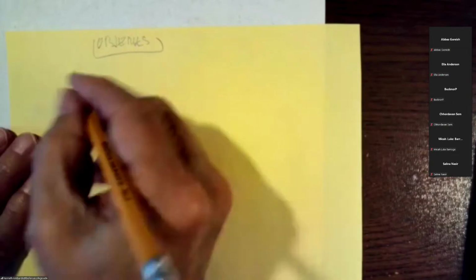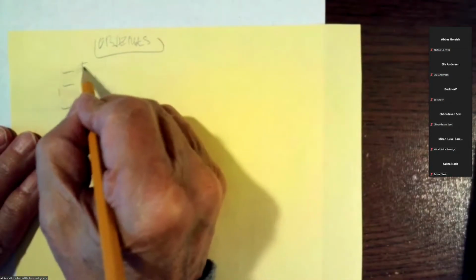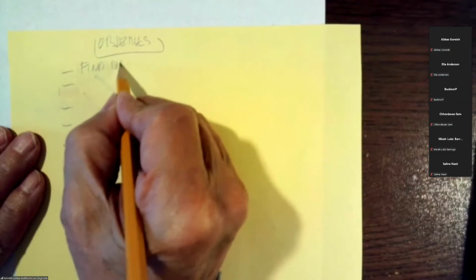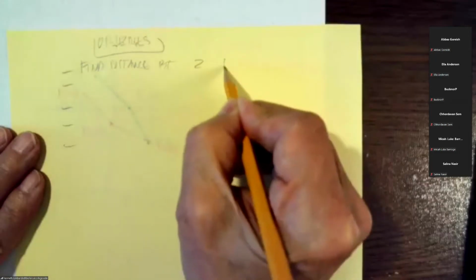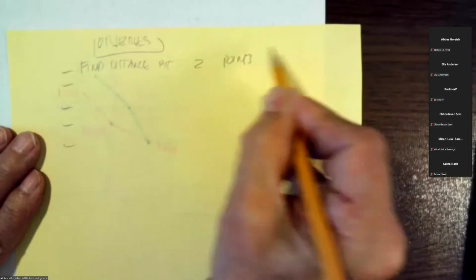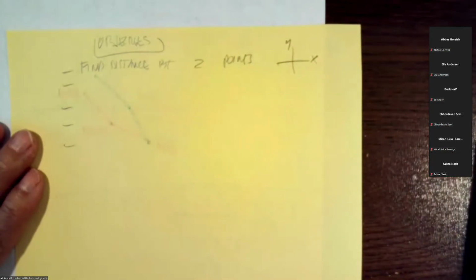We want to find the distance between two points in the XY coordinate plane. Give you any two random points, and we want to find the distance between those points.